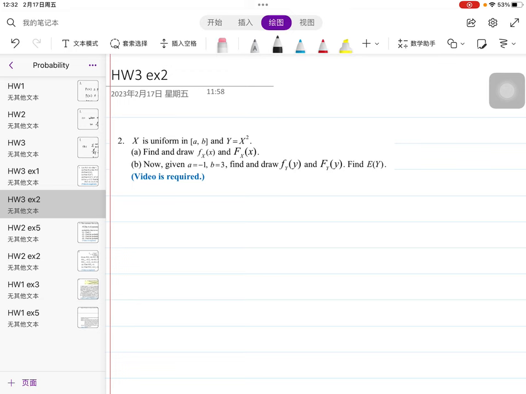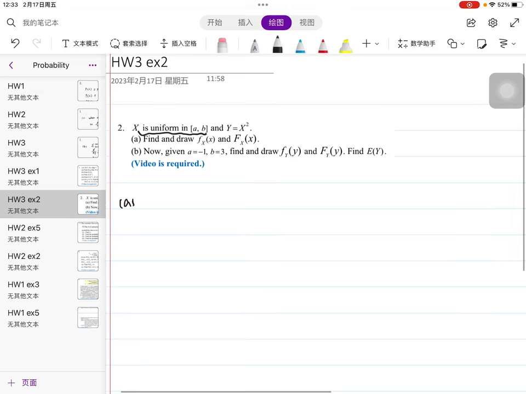For the first question, we are going to find and draw the probability density function of one random variable x and the distribution function. We are informed that x is uniform in a and b, so the density function equals 1 over b minus a when x is between a and b.